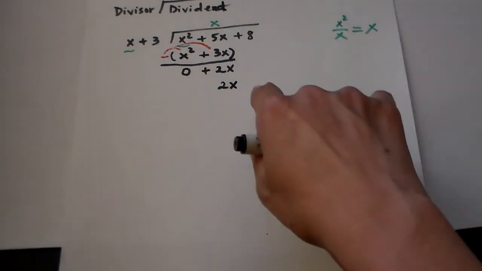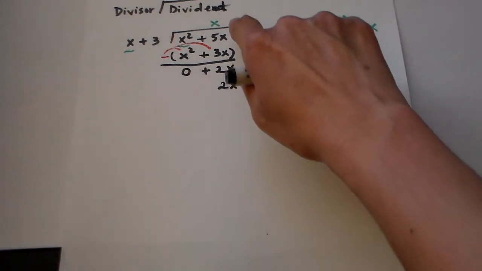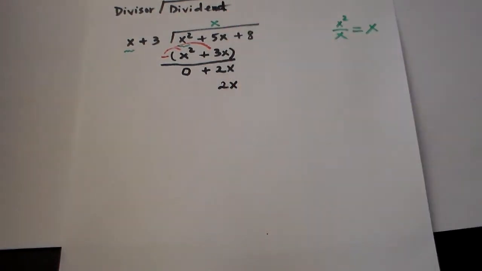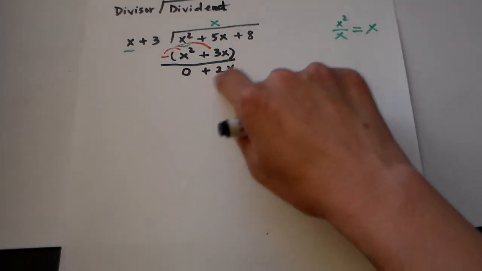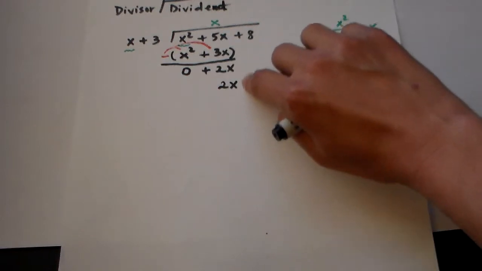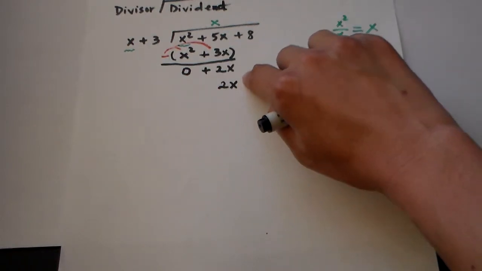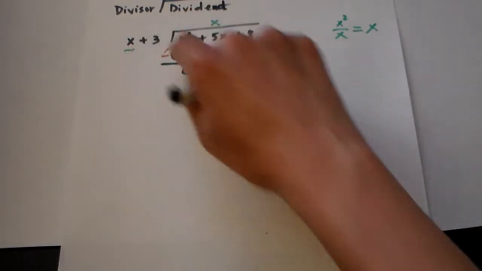Now, you may wonder whether we should continue dividing or are we done? The answer is no. You know that you're done when the power of the variable on the right, what we got, 2x, is smaller than the power of the variable in the divisor.